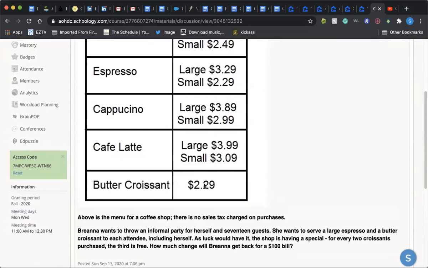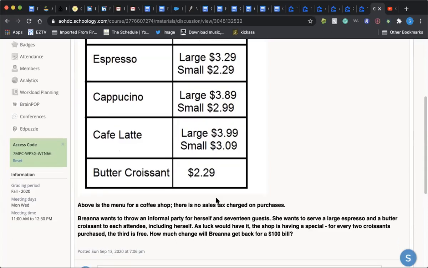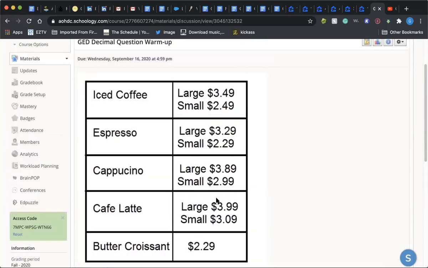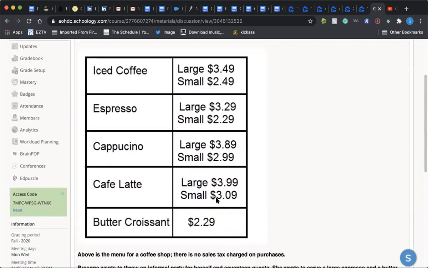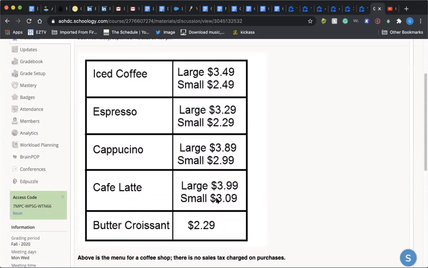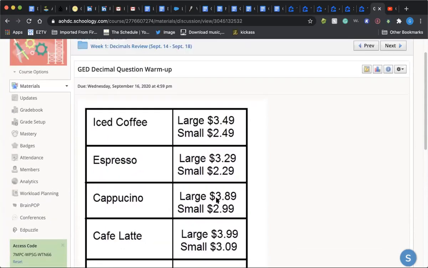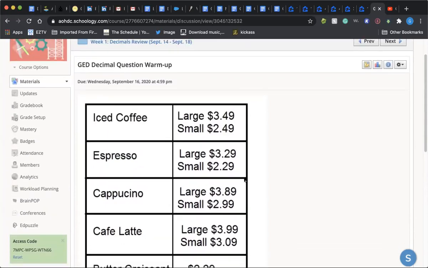How much change will Brianna get back for a $100 bill? So try to calculate that and put your answer on the Schoology page in the discussion for the GED decimal question warm up. Two more minutes.